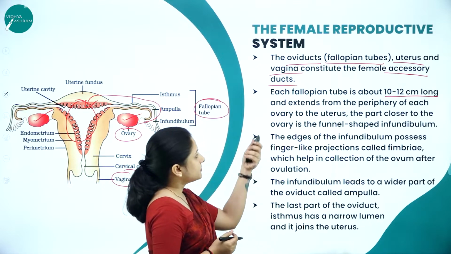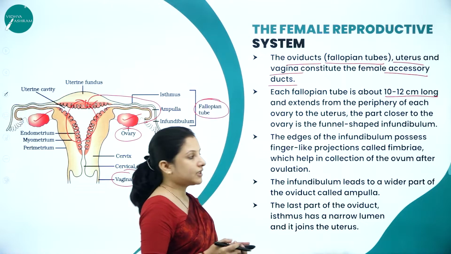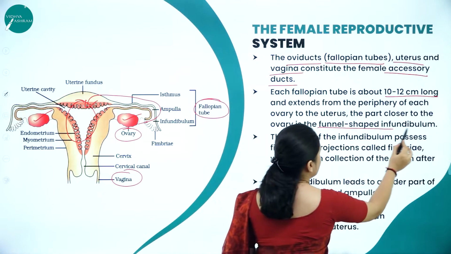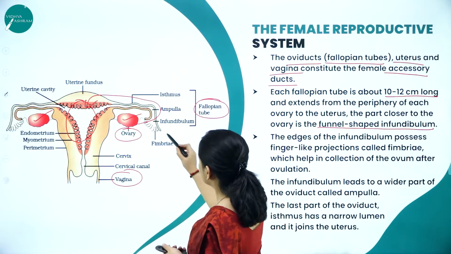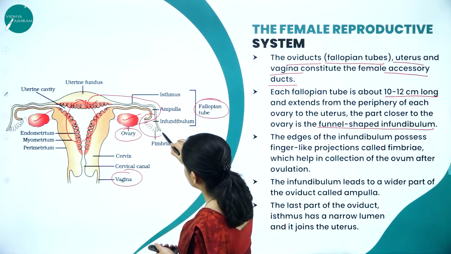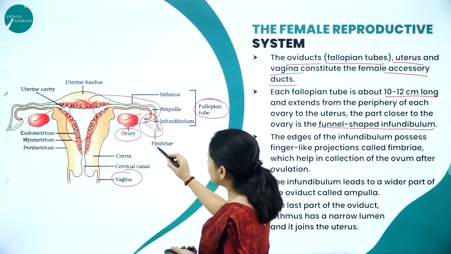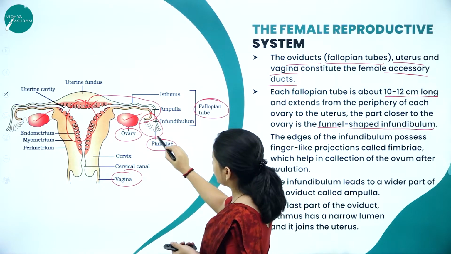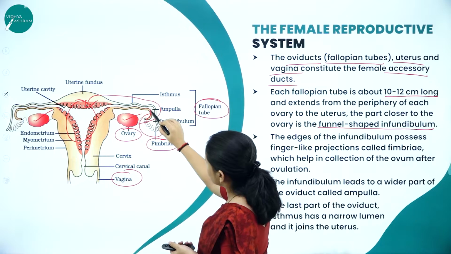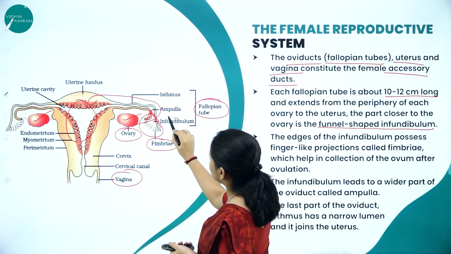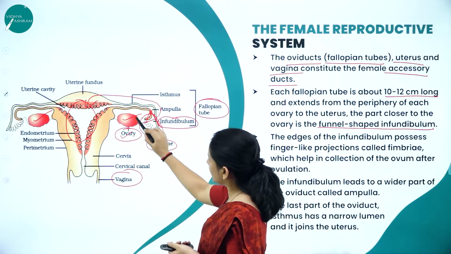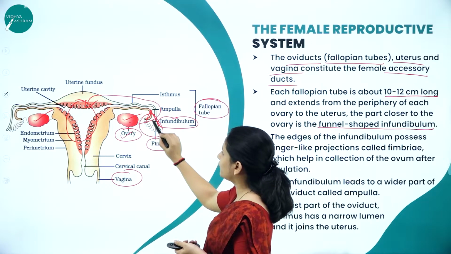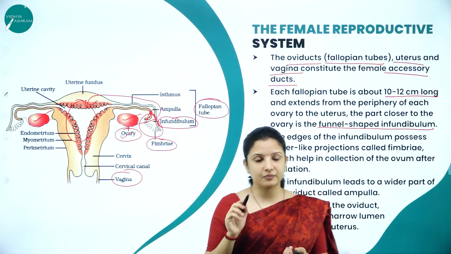The part closer to the ovary is the funnel-shaped infundibulum. It looks exactly like a funnel, right? So that is why it is called the infundibulum.